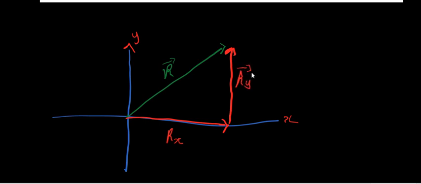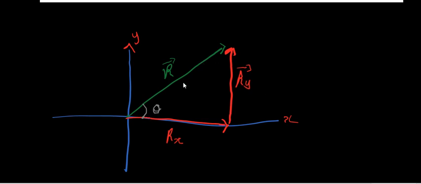Now if you look at this again from the vector point of view, when this component and that component meet, they make this angle, which we normally call theta.